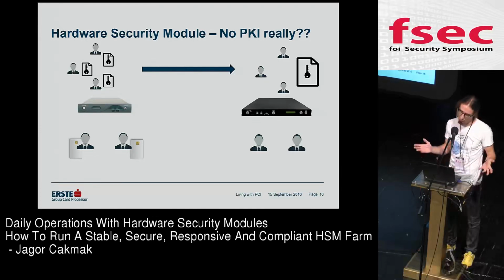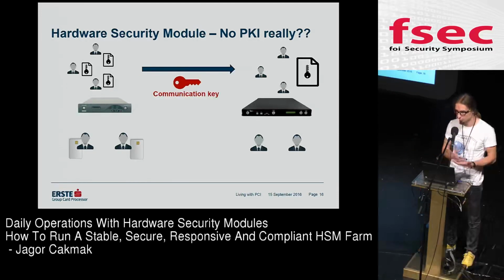Now that you exchanged the paper key, you can actually exchange the key that is going to be used for encryption of data. That's most commonly called zone PIN key and or key encryption key. Now you have a secure channel for communication.